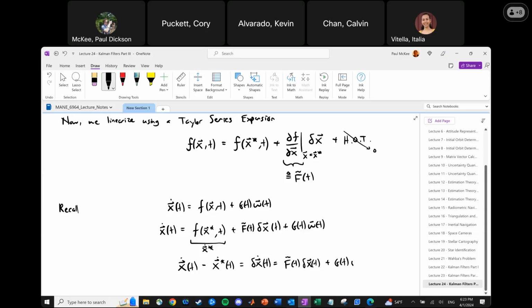All of a sudden, after linearizing, we're back to a system that we can work with. This looks like a linear system to me.